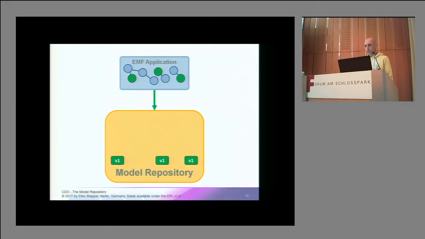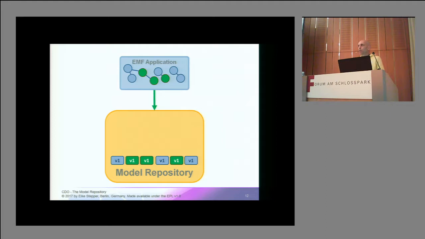So when an application commits a transaction, the first version of these objects is created in the server. And the single bullets there we call revisions. That's a little bit different from other version control systems where they say the baseline, so all the changes, is a revision, but that's just naming.